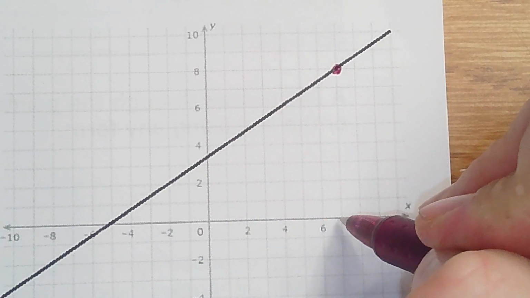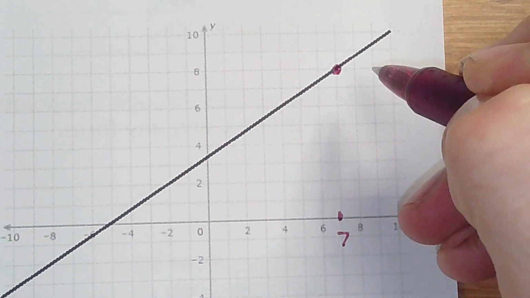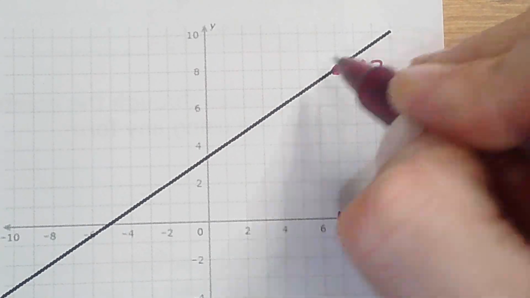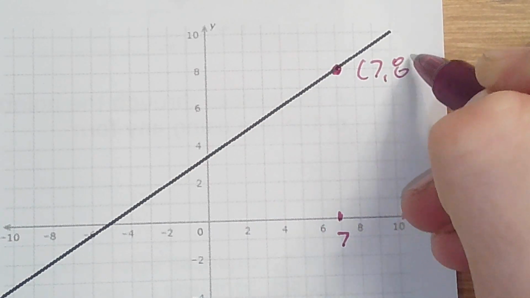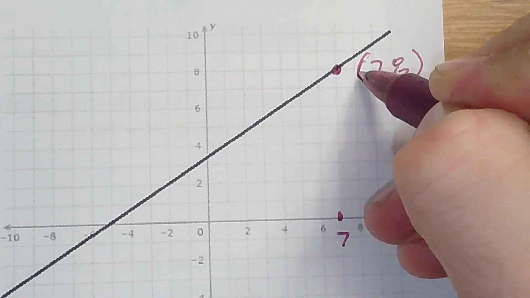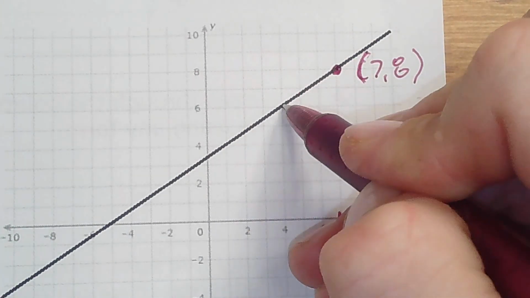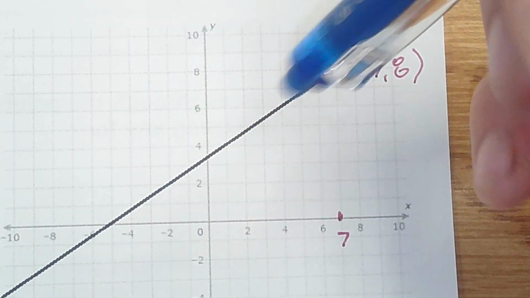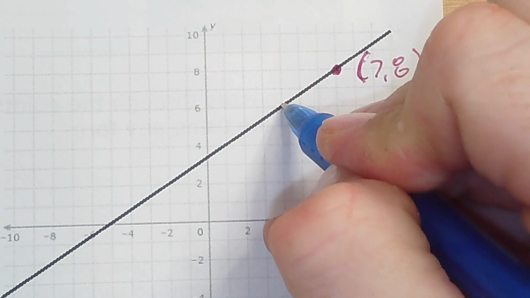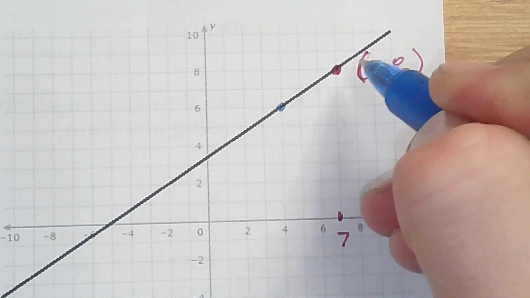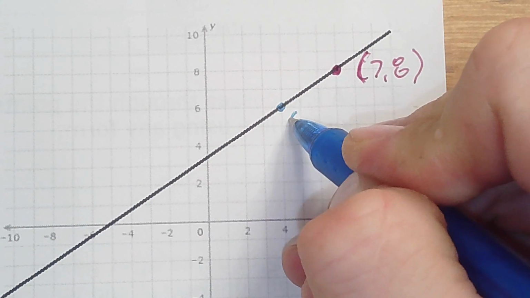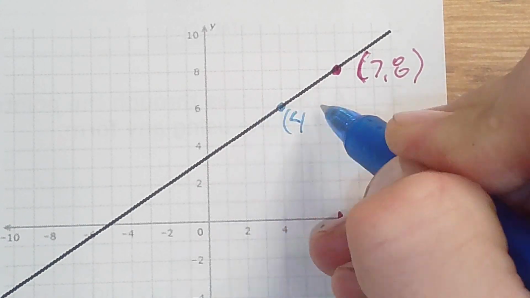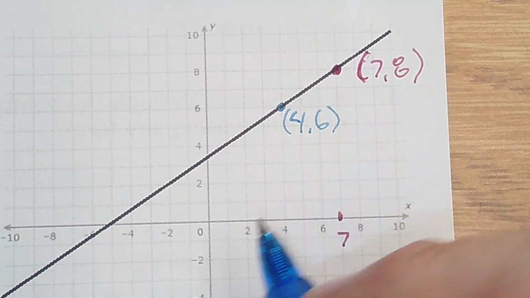This point looks like it is 7, 8. And then another point that is nice to pick off here is 4, 6.